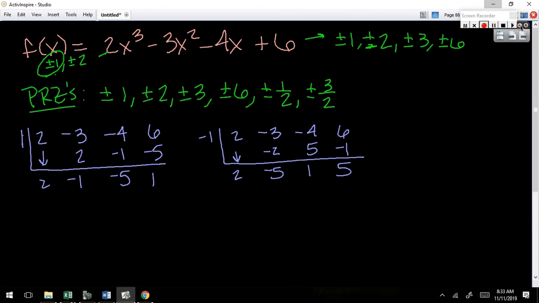Has anybody found one yet? No. Have you? What all have you tried? All right, I'm going to skip 2 then if you've already tried it. 2, negative 4, negative 7, 4, nope.